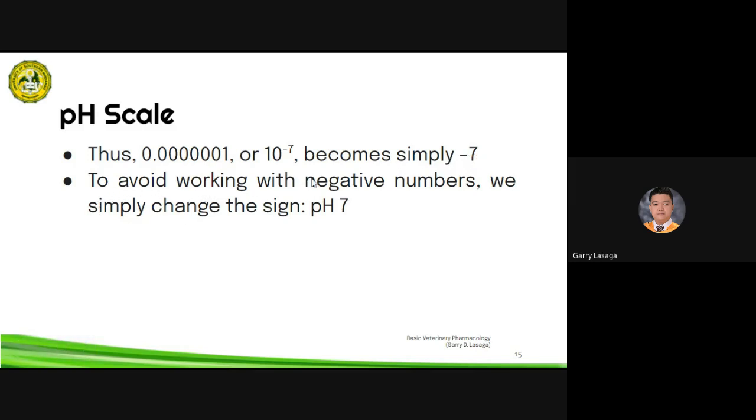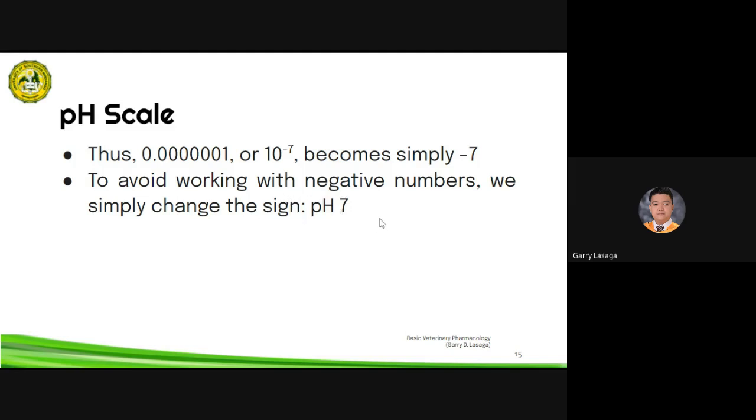To avoid working with a negative number, we simply change the sign of the number to 7. So this is how we derive the values in our pH scale.